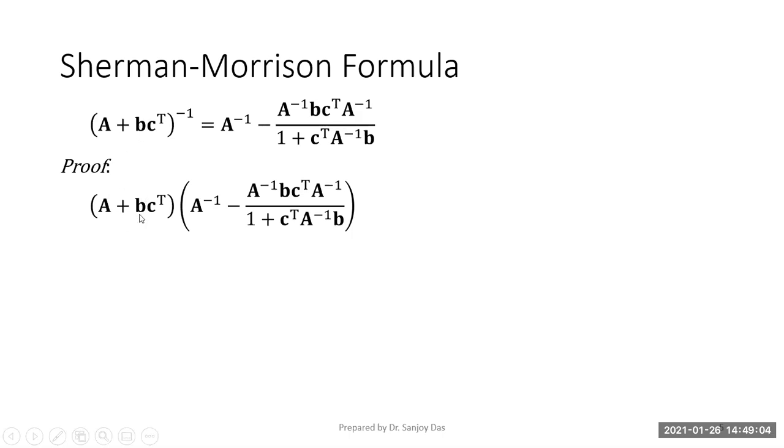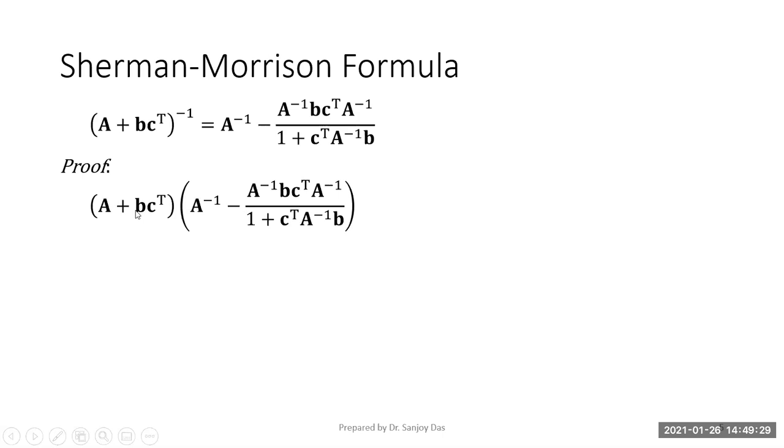So if I do this multiplication, I should get the identity matrix, right? Because the second factor here is the inverse of A plus BC transpose. So A plus BC transpose times (A plus BC transpose) inverse should be equal to I, the identity matrix. And so let's see if this product gives you the identity matrix.